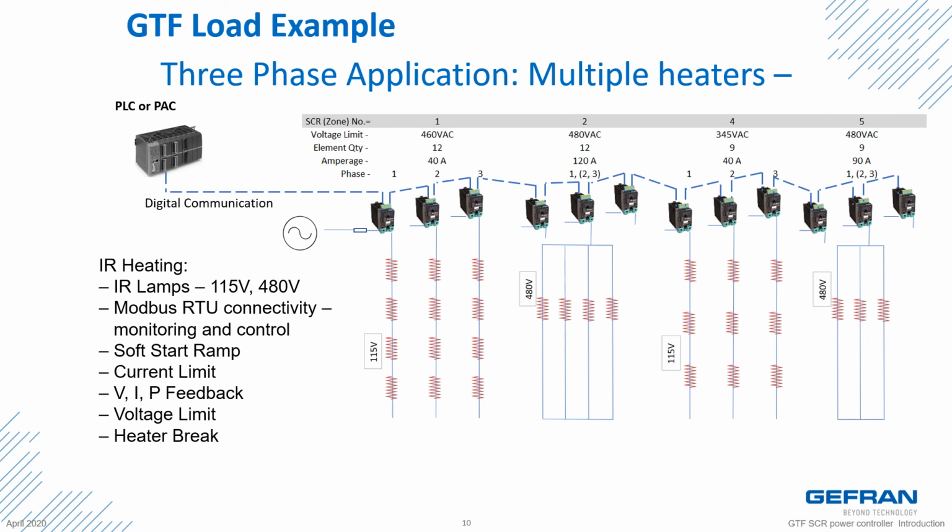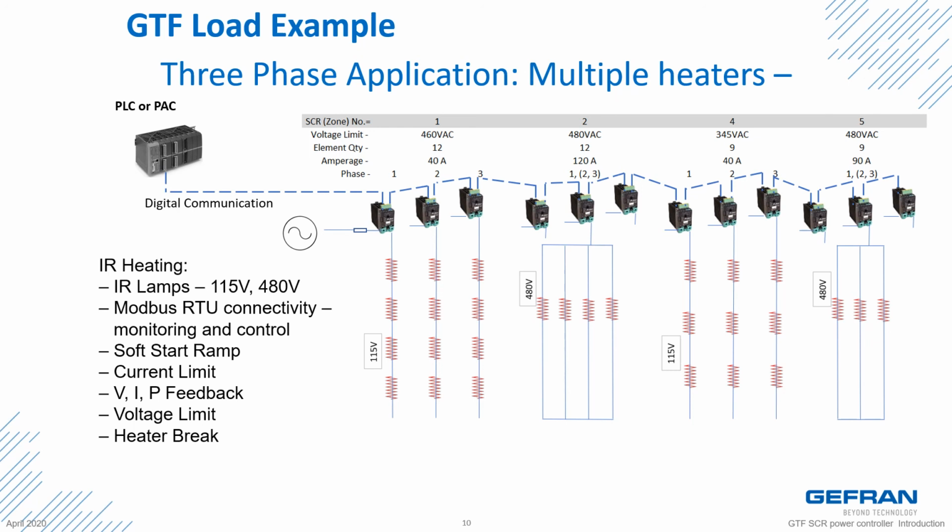As we can observe in this example, Zone 1 uses 4 heaters rated at 115 volts each, connected in series for a total voltage rating of 460 volts. Zone 2 uses 4 heaters connected in parallel with a total voltage rating of 480 volts AC.